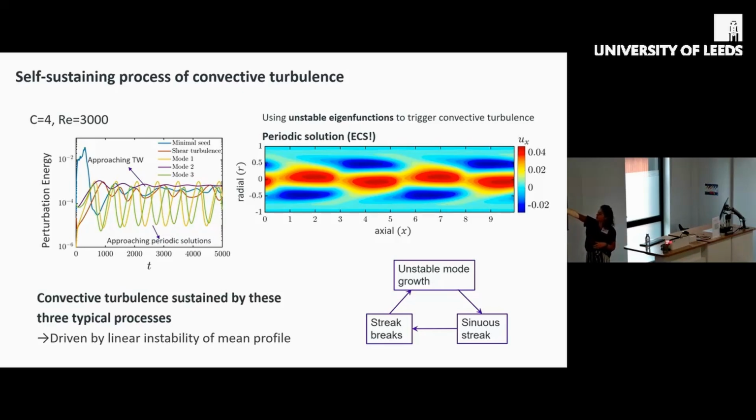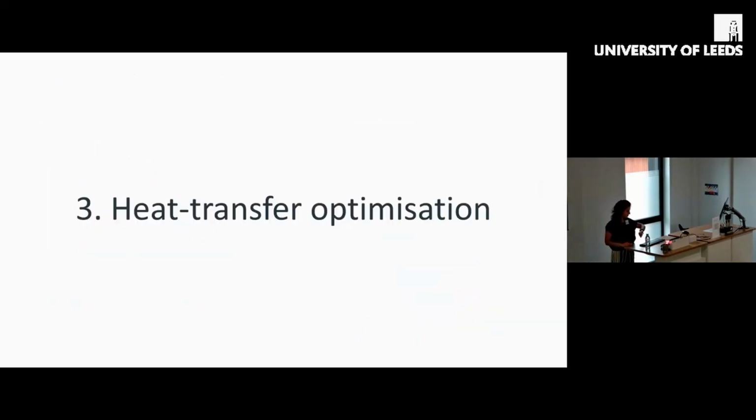So we see that convective turbulence is sustained by these three typical processes, which are driven by the appearance or suppression of linear instability of the mean profile. This is very different from the self-sustaining process of shear turbulence, which instead occurs without any linear instability of the base flow.